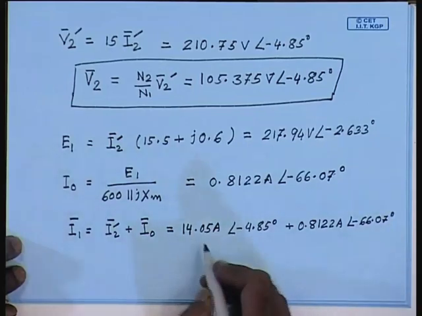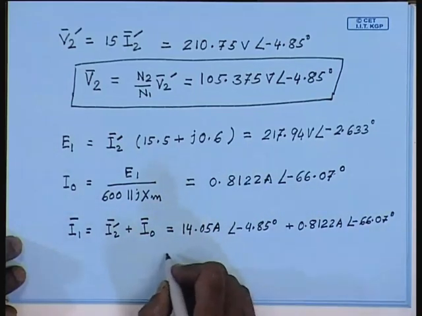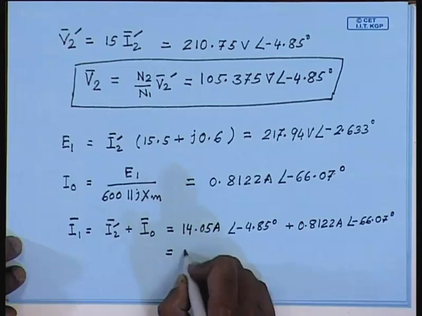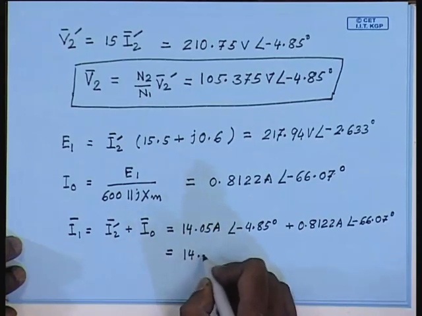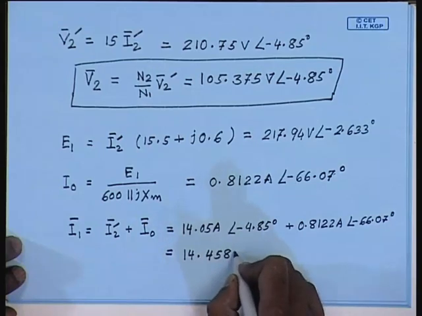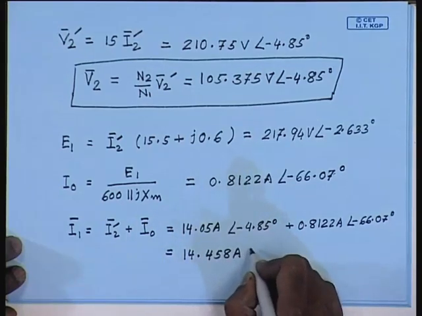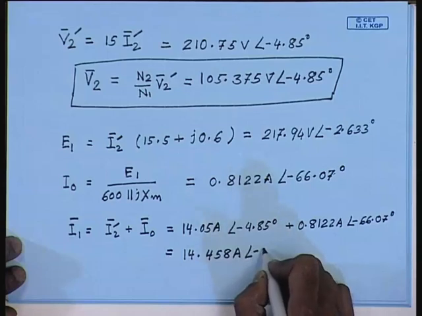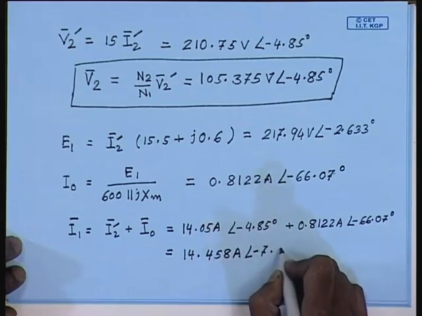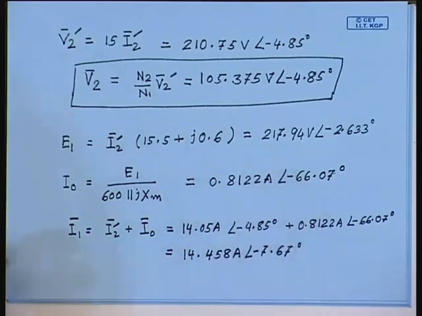Therefore, if we do the computation, I1 will come as 14.458 amperes angle minus 7.67 degrees.